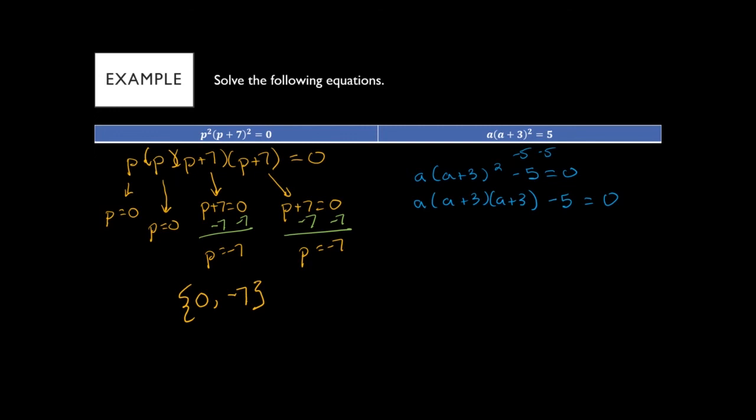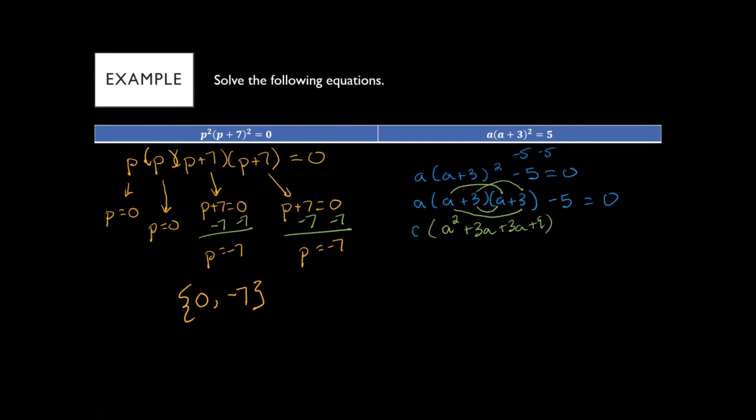When you have two sets of parentheses multiplied, you're going to FOIL. So a times a gives us a squared. The a times 3 gives us 3a. Then 3 times a is another 3a. Then 3 times 3, which is 9.